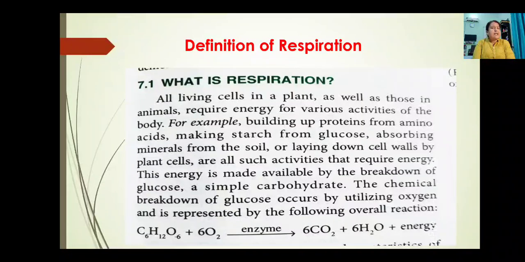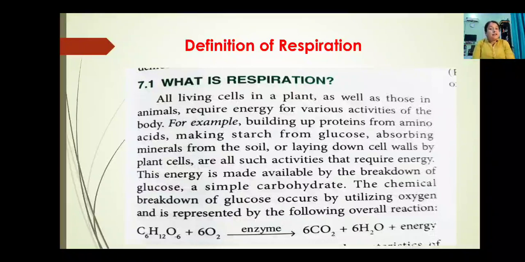For example, building up of proteins from amino acids, making starch from glucose, absorbing minerals from the soil, or laying down cell walls by plant cells. These are all activities that require energy. A lot of energy is used in all these activities.